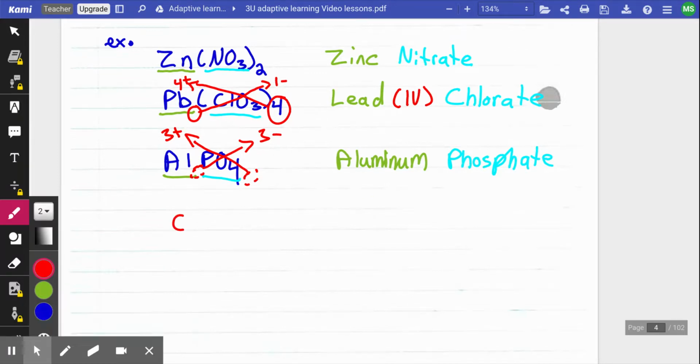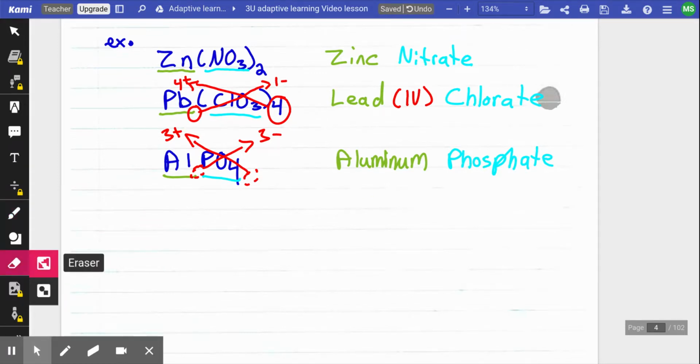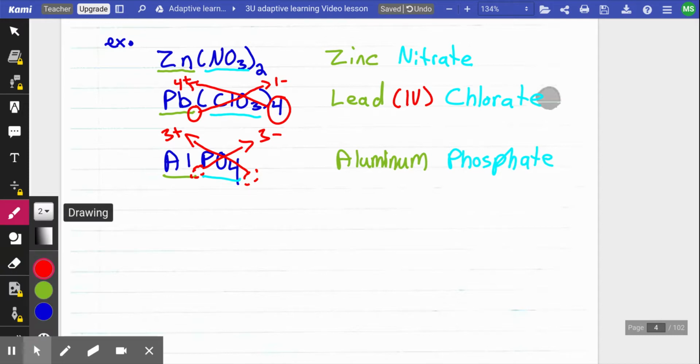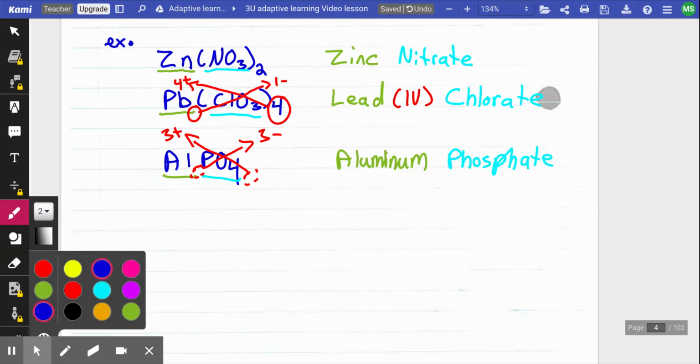Oh, wrong color. CuSO4. So Cu, symbol for copper. Copper is a multivalent metal.